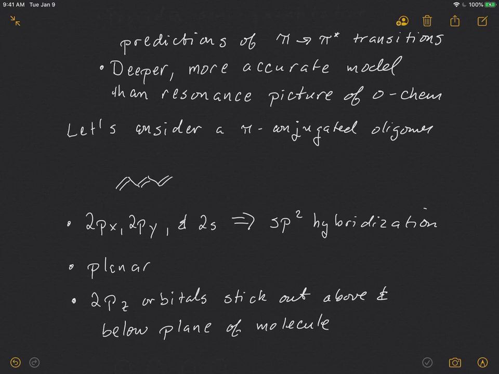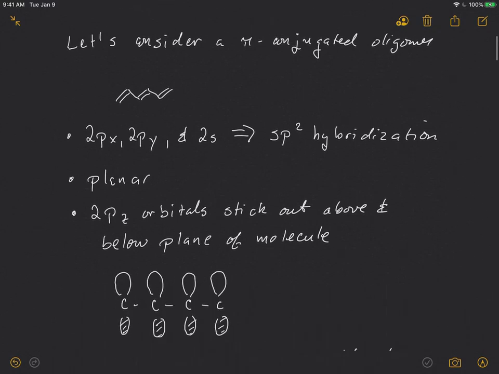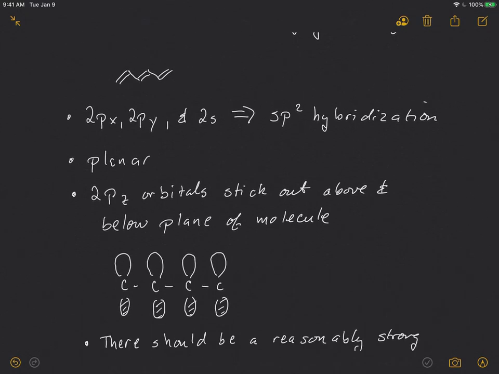And then the 2pz orbitals stick out above and below the plane of the molecule. If we linearize, or look side on from the molecule so that we don't have to deal with the zigzag pattern, we can see these pz orbitals sticking out of the plane of the molecule.